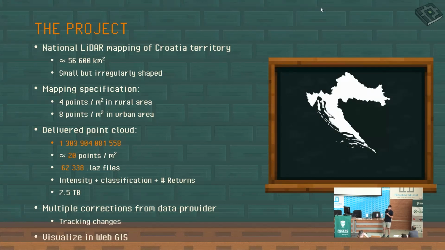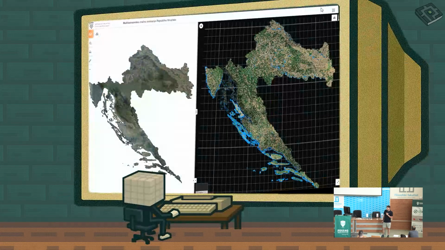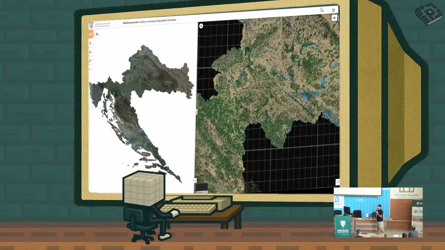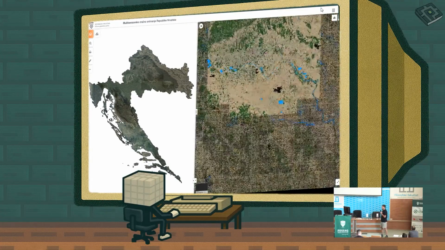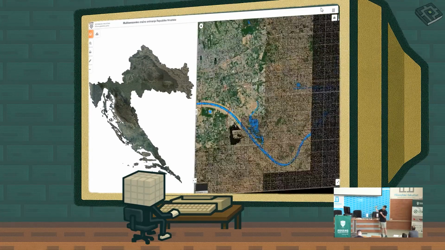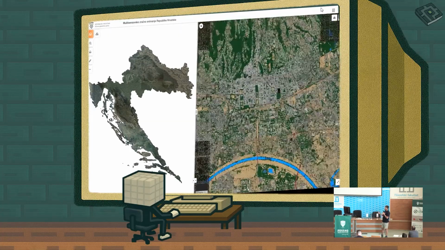The final product was a WebGIS visualization. Today it looks like this, so you can see that we managed to do this project. On the left, you can see the 2D map. On the right is the 3D. This is a video, and we did manage to visualize the whole of Croatia all at once. When you zoom in, you get a more and more detailed point cloud.